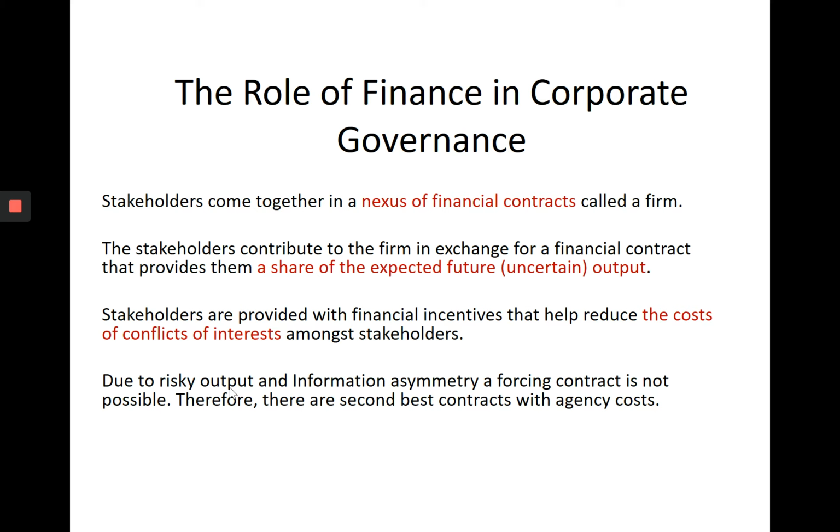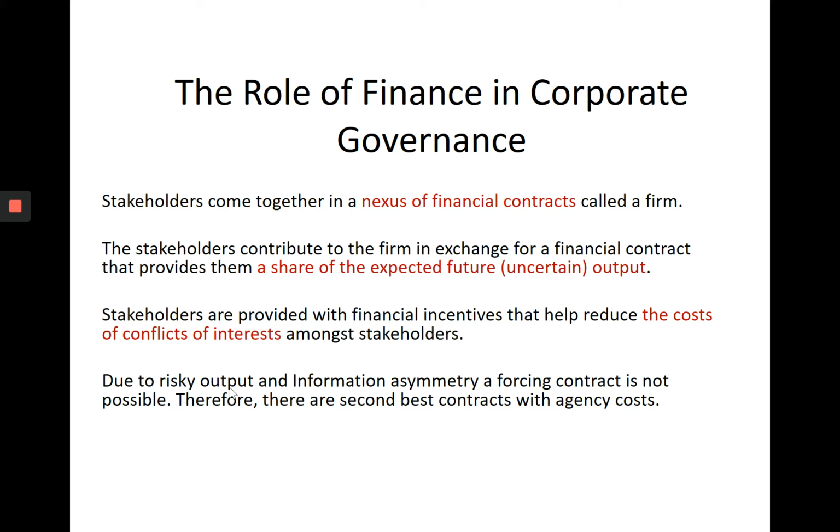And if we look at the role of finance in corporate governance, again, this word nexus of financial contracts is important. We are viewing the corporation as a place that we keep all these contracts, and these contracts are sharing rules that are of a financial nature.